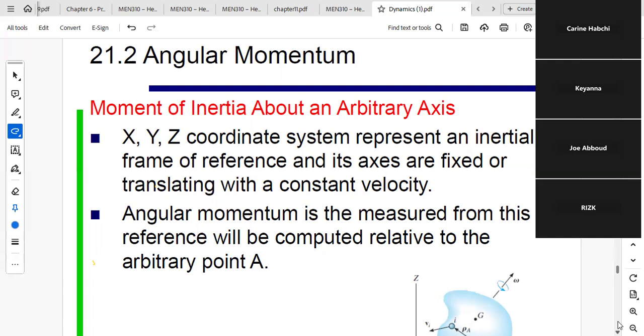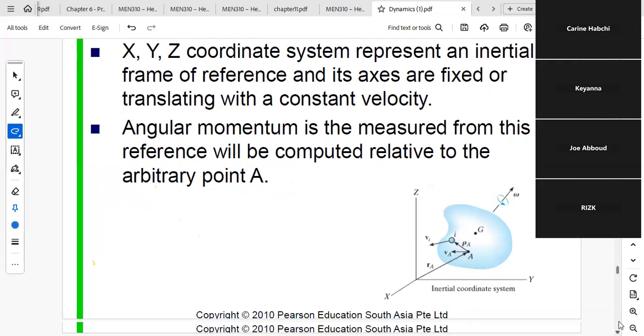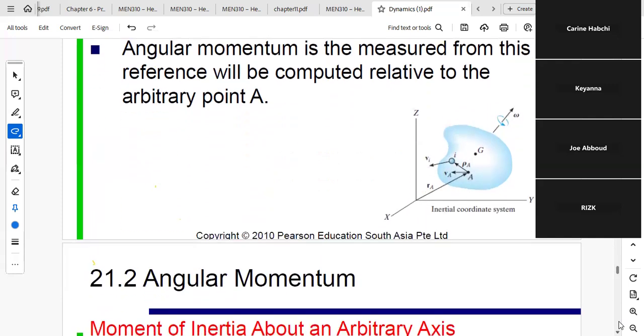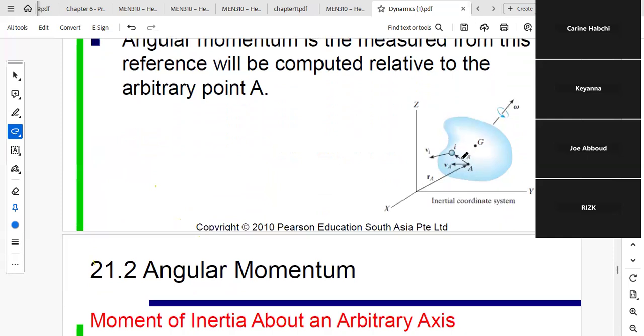Okay, so the XYZ coordinate system represents an inertial frame of reference, and its axes are fixed or translating with a constant velocity. The angular momentum measured from this reference will be computed relative to the arbitrary point A. So let us consider, as we said before, a rigid body with rotation about an arbitrary axis.